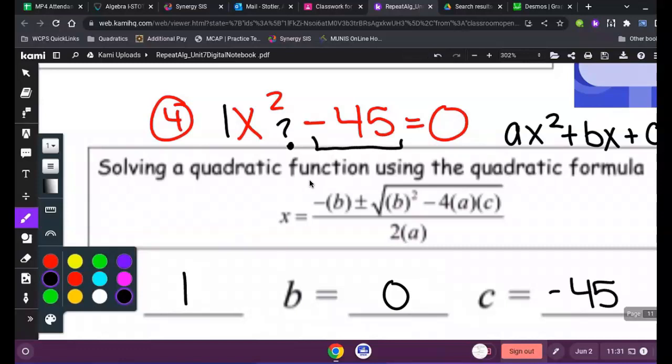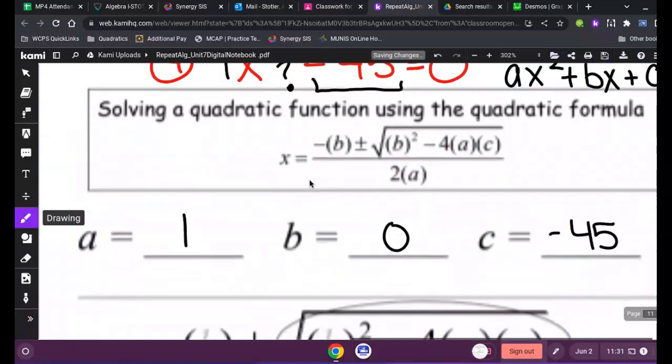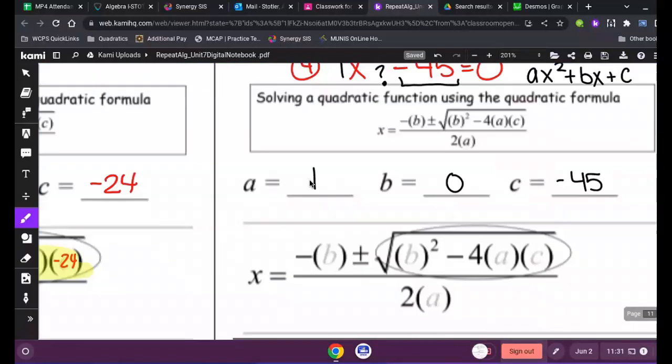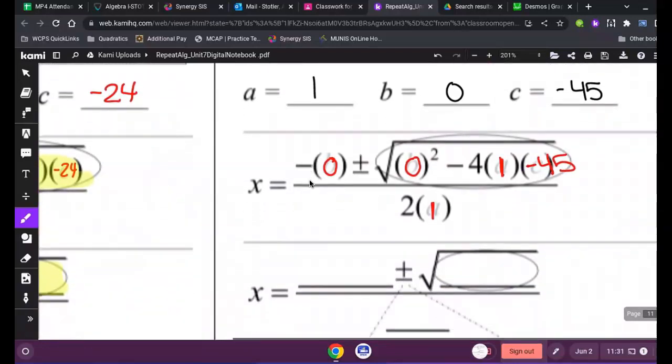So if you're missing a term, you have to be careful when we're plugging in a, b, and c. So now everywhere there's a b, I'm going to put a 0. Everywhere there's an a, I'm going to put a 1. Everywhere there's a c, I'm going to put a negative 45. The opposite of 0 is 0, just 0.